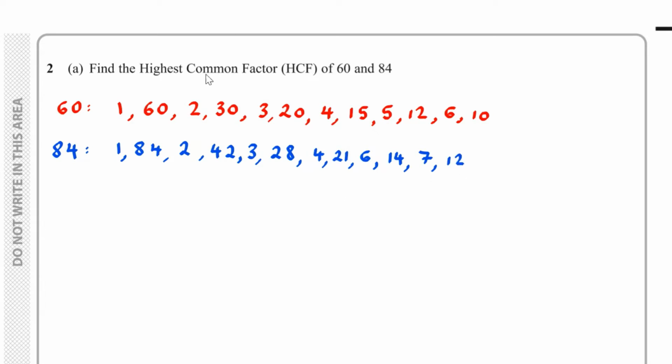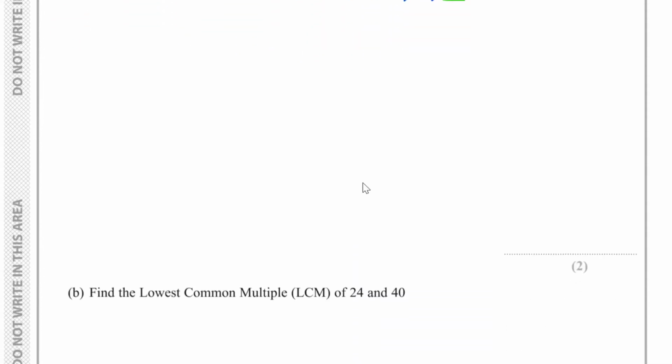And so when we come to find the highest common factor of 60 and 84, the 12 is the highest common factor. And so therefore the highest common factor of 60 and 84 is 12.